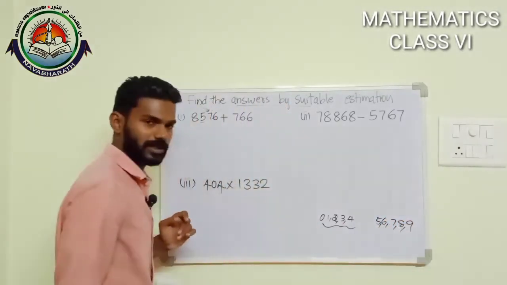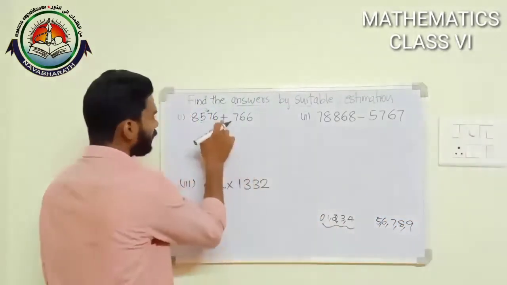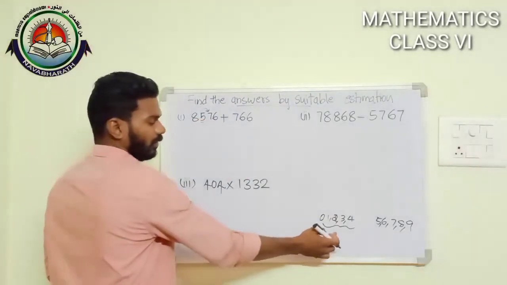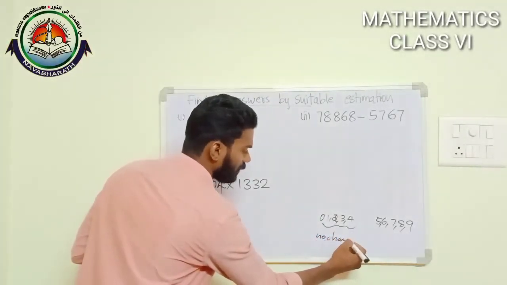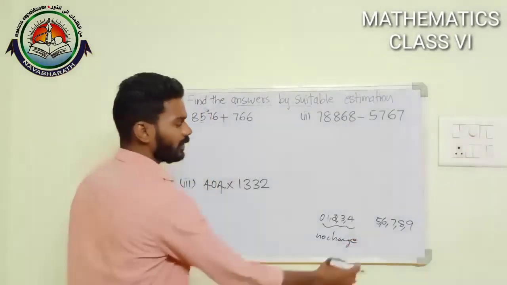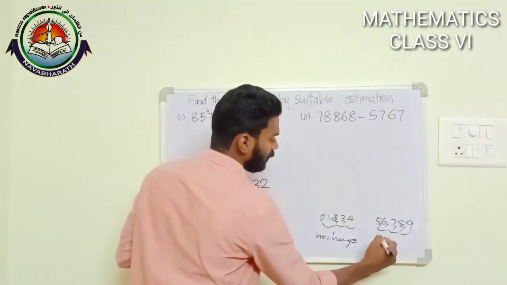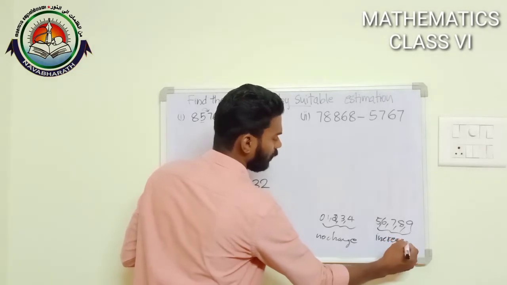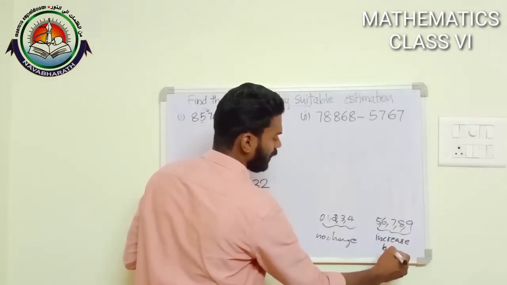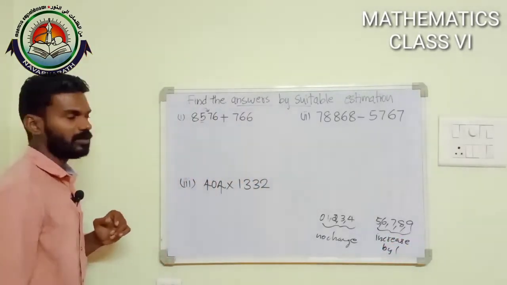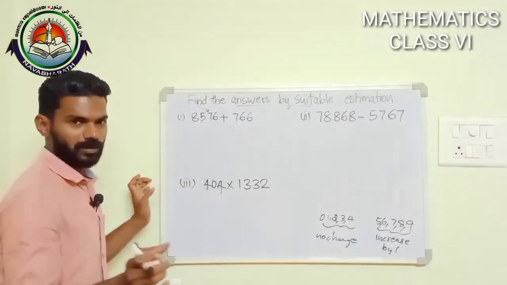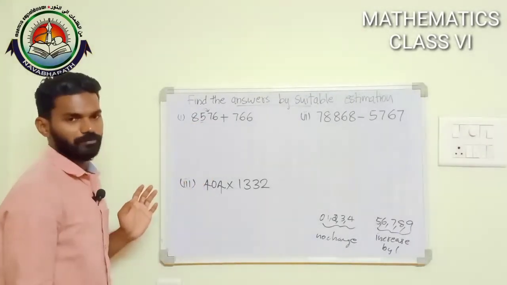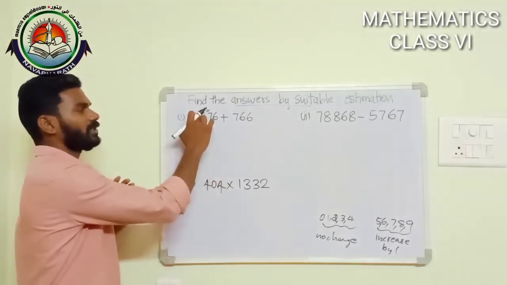If the next digit is in the first group, no change for the digit. And if it is in the second group, increase it by 1. Clear? So we are going to check whether 5 is to be increased or retained the same. And for that we check the next digit.